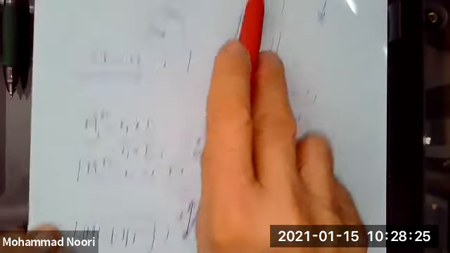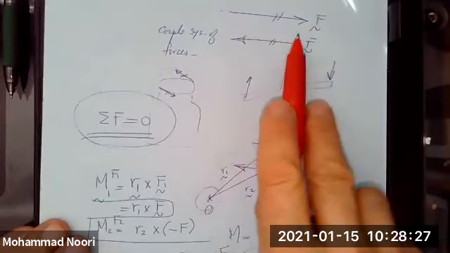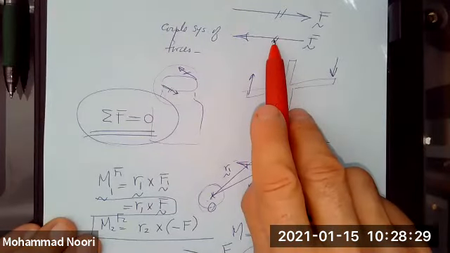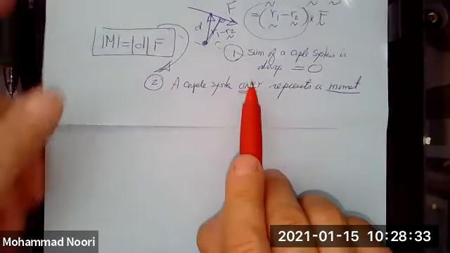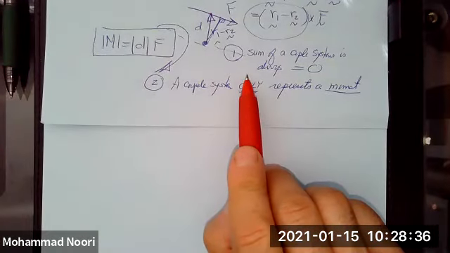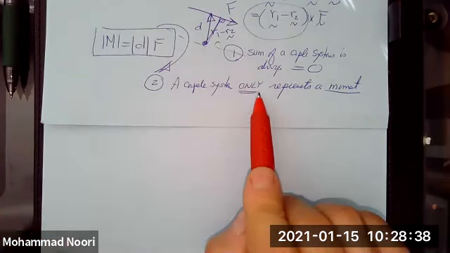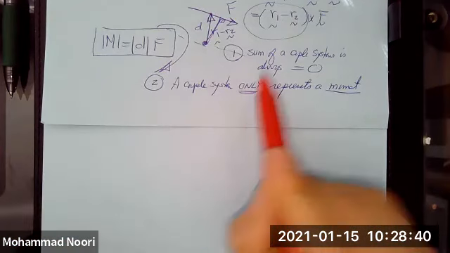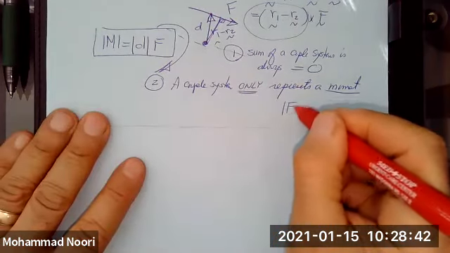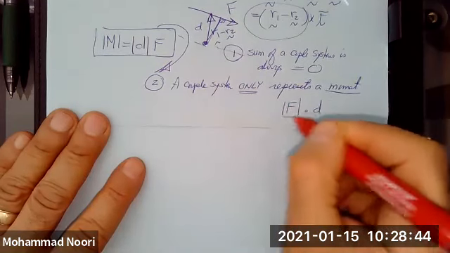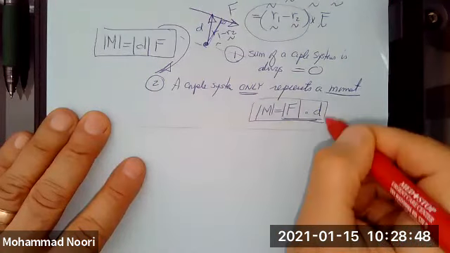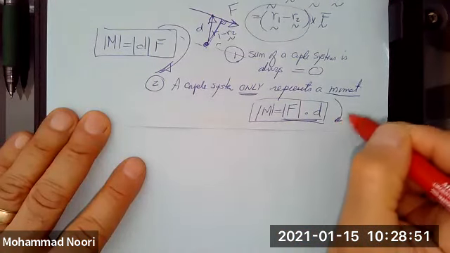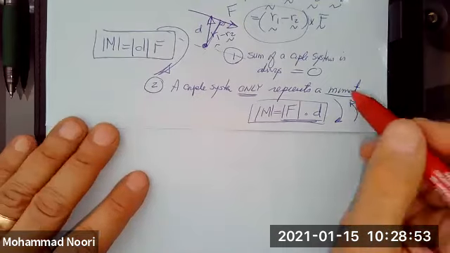Although these two look like two forces, they don't have the function of a force. They cancel each other. All they do is rotate the object. And the magnitude of the rotation is that force times the vertical distance between them. And the direction can obviously be easily found, either clockwise or counterclockwise.